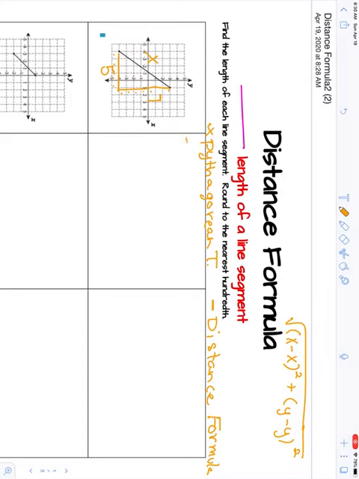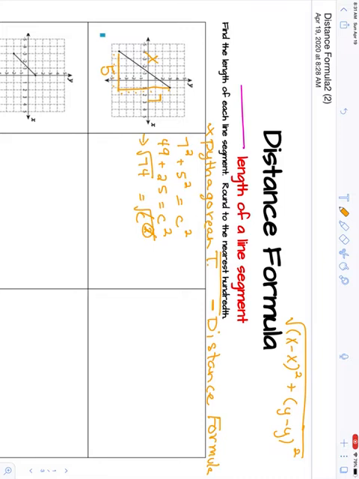So we have 7 squared plus 5 squared will give us the length of our line segment. 7 squared is 49 plus 25. 49 plus 25 is going to give us 74. And remember, inverse operation of a square is take the square root of both sides. So I've asked in my directions to round to the nearest hundredth.